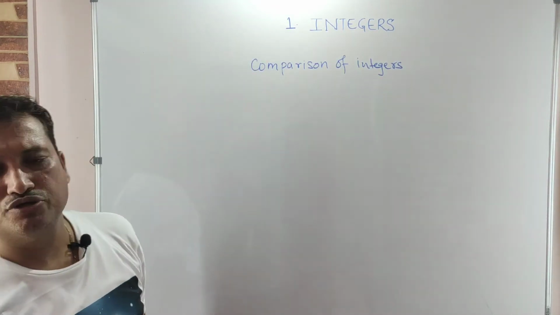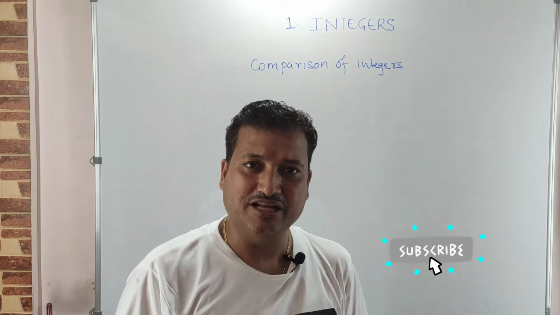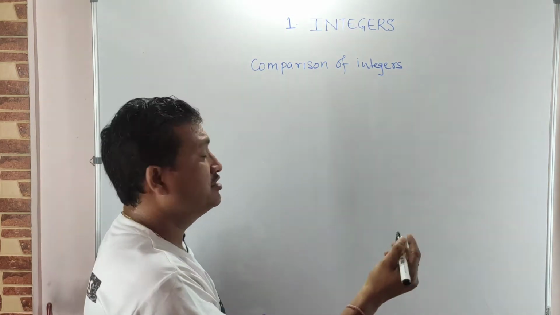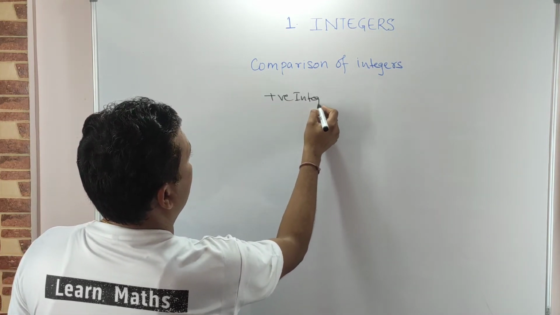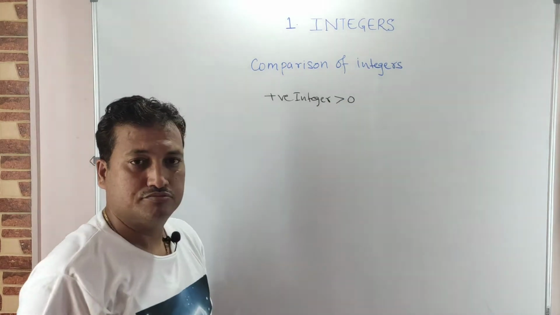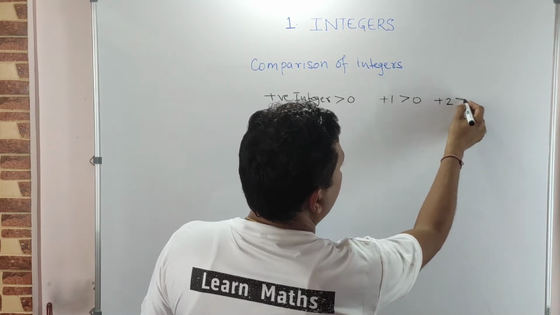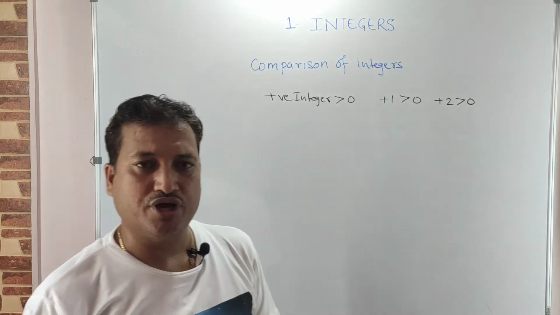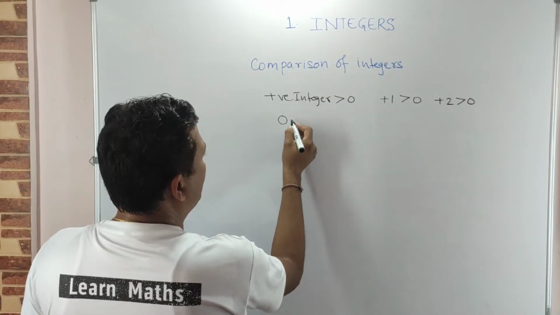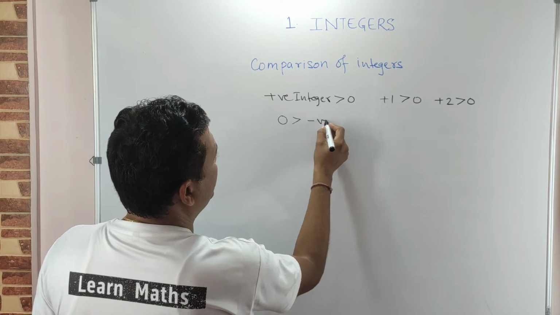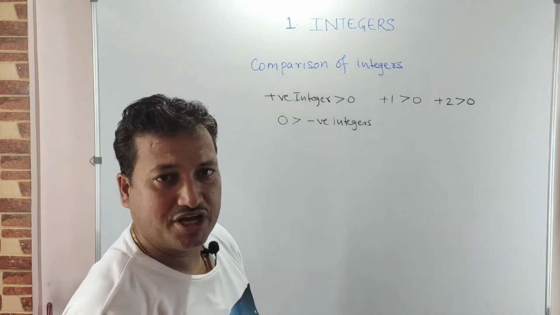Now we will see comparison of integers. Every positive integer is greater than 0, like +1 is greater than 0, +2 is greater than 0. तो जो पॉजिटिव इंटीजर होते हैं वो 0 से ग्रेटर होते हैं, and 0 is greater than all negative integers. जो 0 होता है वो सभी नेगेटिव इंटीजर से बड़ा होता है.